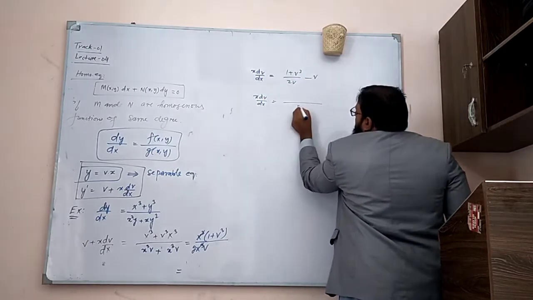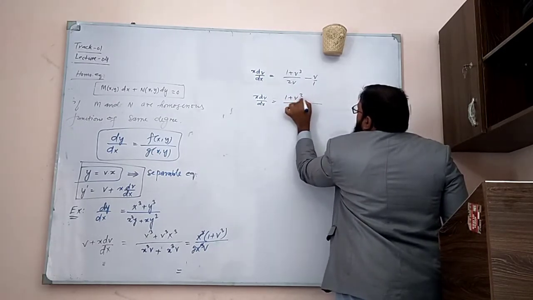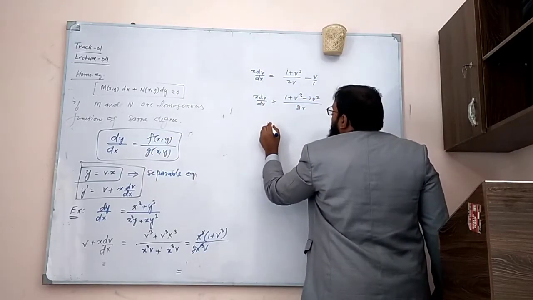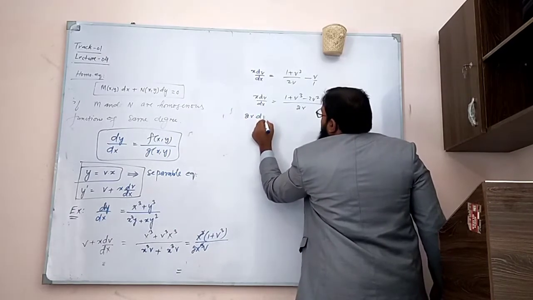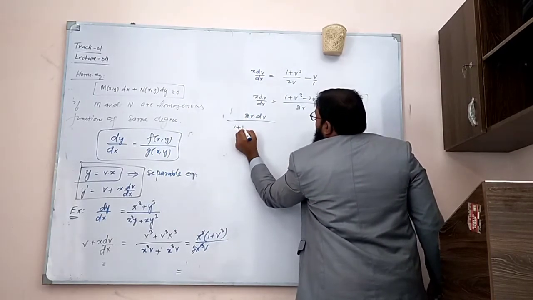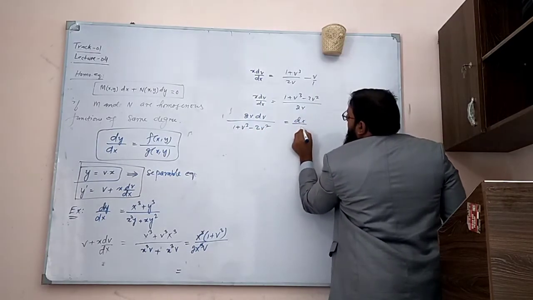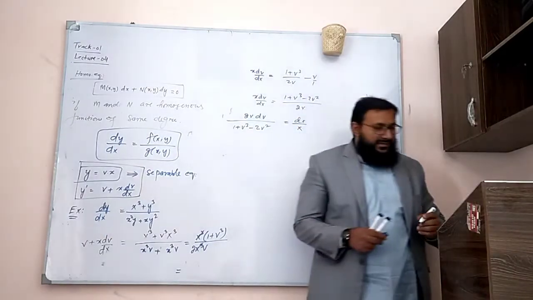Then this becomes, with 2v as the LCM, 1 plus v cube minus 2v square. Then this would be 2v dv upon 1 plus v cube minus 2v square equals dx upon x. Now we need to integrate.